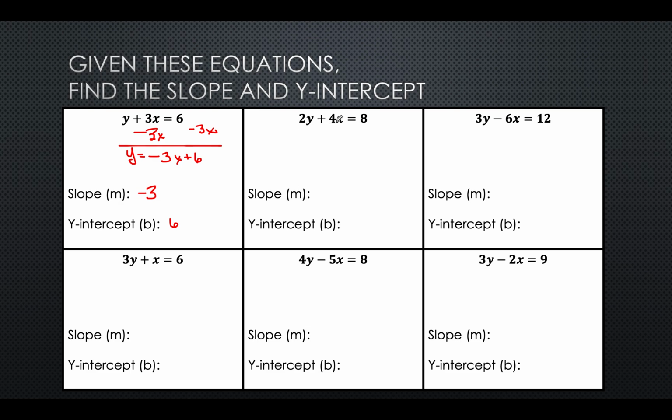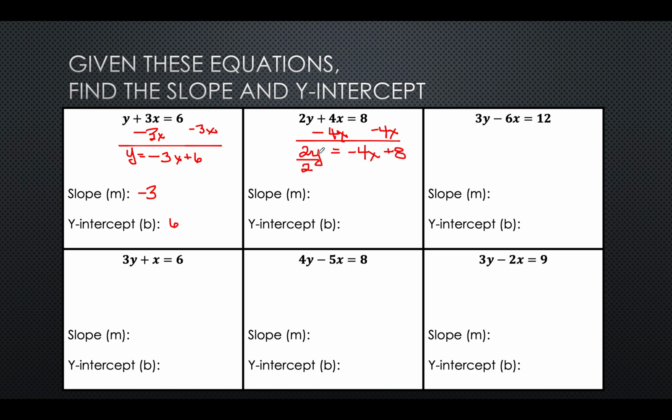Okay, let's try it again. We're going to move our x term to the right by doing the opposite operation. Sorry about the clicking of my mouse. So we're left with 2y is equal to, again, we put our x term first, -4x plus 8. Now we have to divide each term. So we're going to divide this by 2, by the coefficient of y.